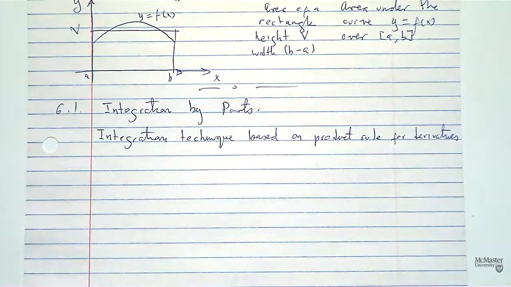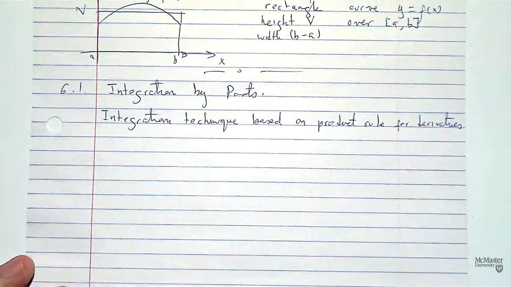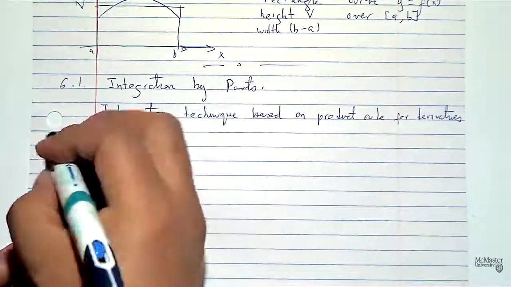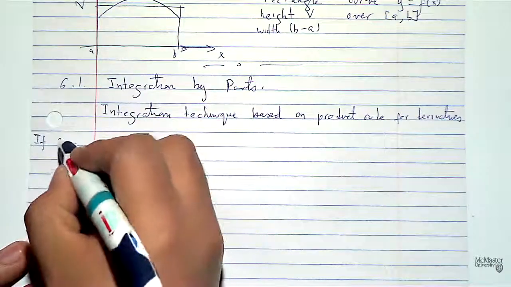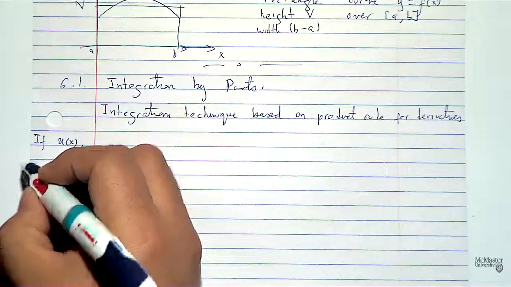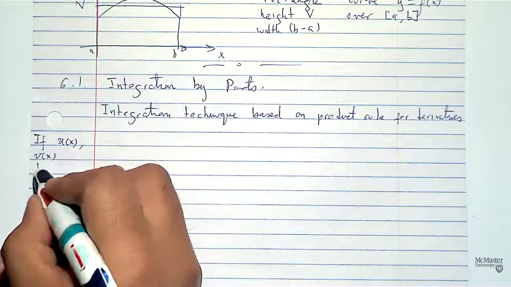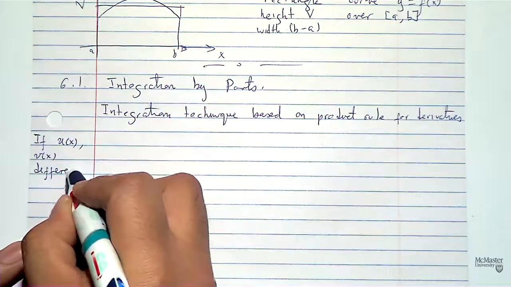Okay, who has seen integration by parts before? I'm almost sure that 1/3 of the people might have seen it. But in any case, if you haven't, let's say that you have two functions, u of x and v of x, which are differentiable.